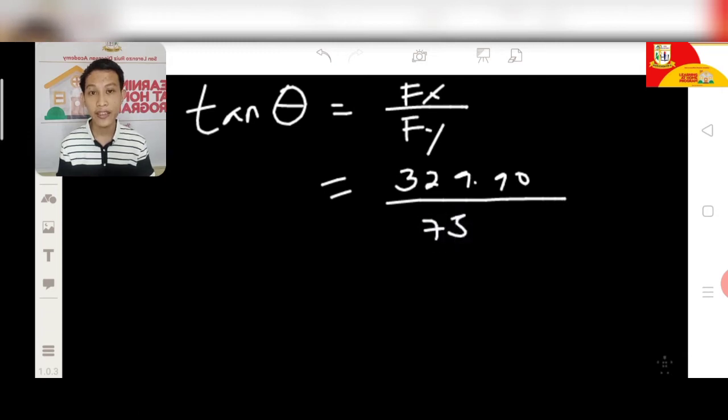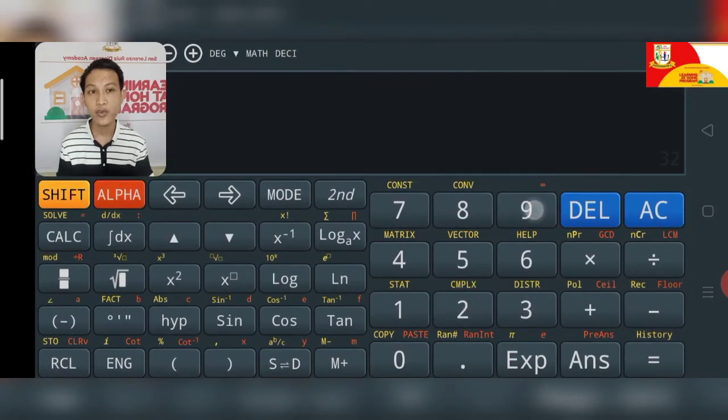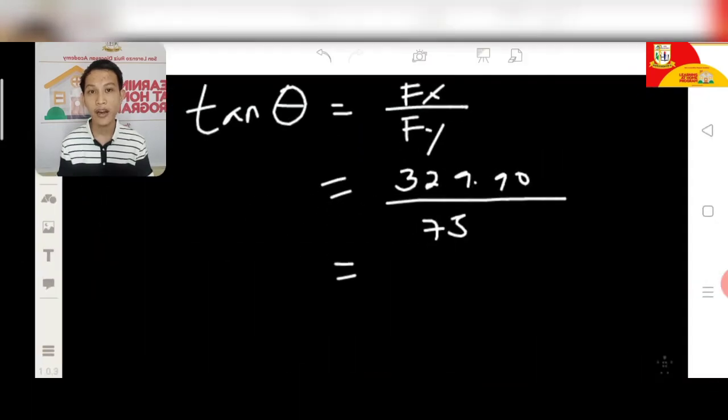So we will divide 329.9 by 75, and using our calculator, 329.9 divided by 75 is equal to 4.4. Okay, we will round off.